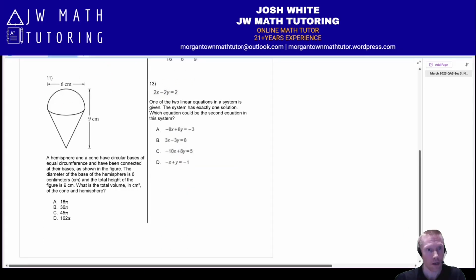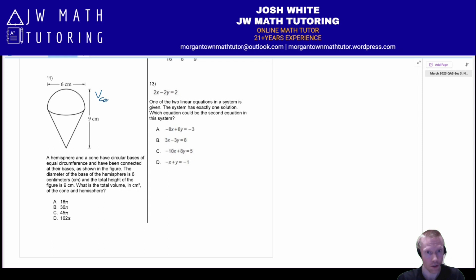All right, now looking at problem number 11 at the bottom of the page. Here you have a cone with a hemisphere, which is basically half a sphere, on top of it. And they're asking for the total volume of this entire configuration. So if you don't have the volume formulas for each of these figures memorized, that's fine. They're actually given on the test, on the first page of each section.